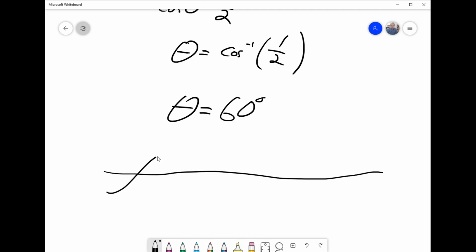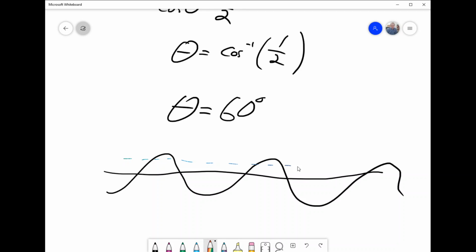If we recall, these functions are periodic. So the solutions that we have at 60 degrees are only one of infinitely many solutions if we look at the whole real axis. In fact, we have another solution at 300 degrees. Don't believe me? Grab your calculator again.